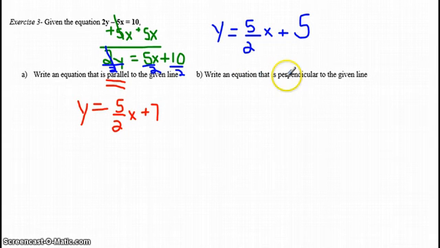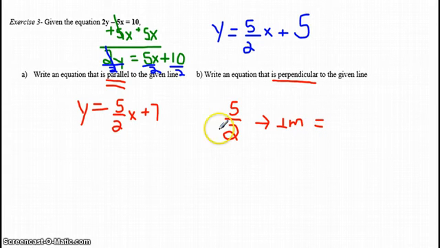And here, write an equation of the line that is perpendicular. Perpendicular, we have negative reciprocal slopes. So 5 over 2, for a perpendicular slope, we have the opposite sign. So the opposite of positive is negative.